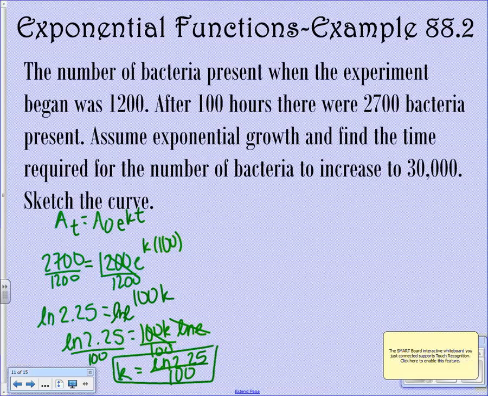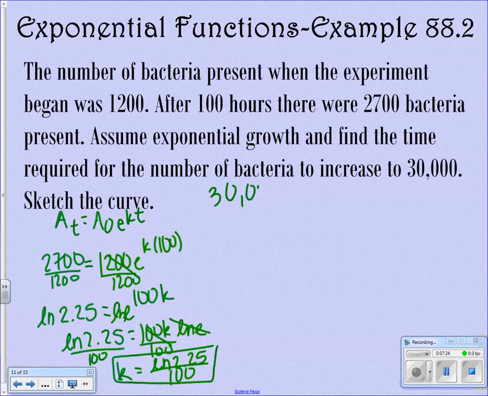Now it wants us to find the time when we end up with 30,000. So we started with 1,200, and then our k was the ln of 2.25 over 100, and we're solving for the t this time. So we're going to divide by 1,200.